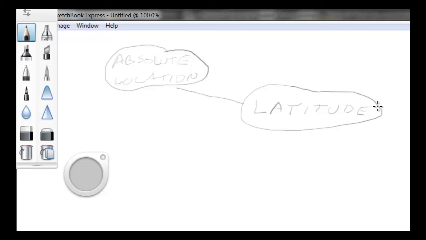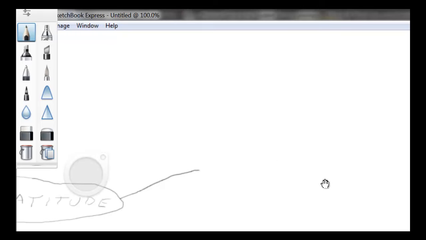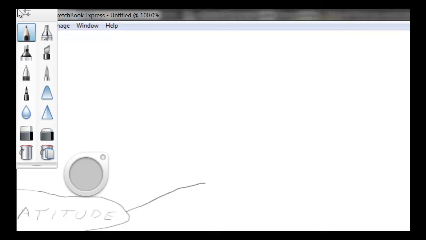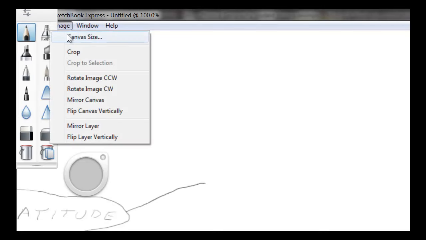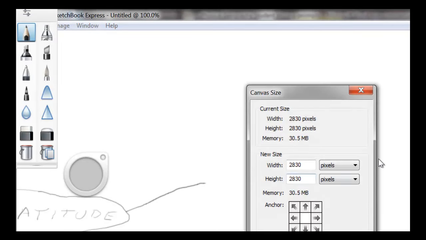For example, we could go ahead and draw the world over here. Let's make this canvas size better. Okay.